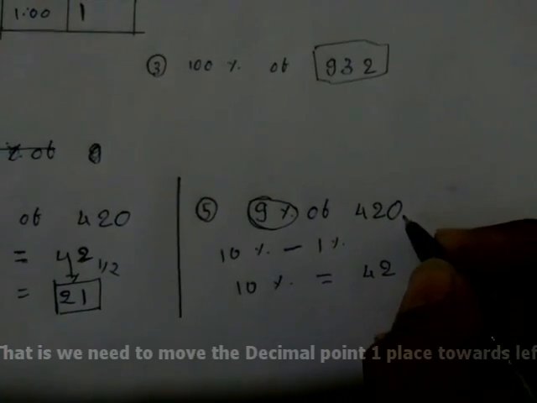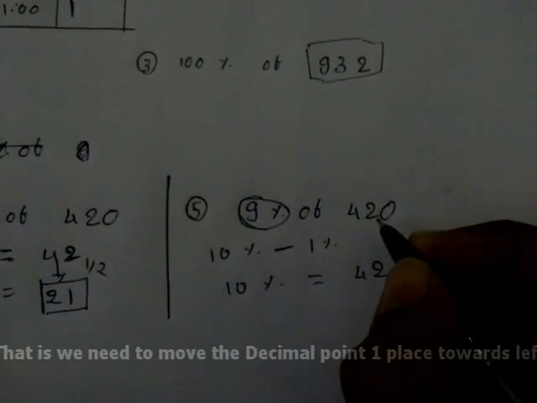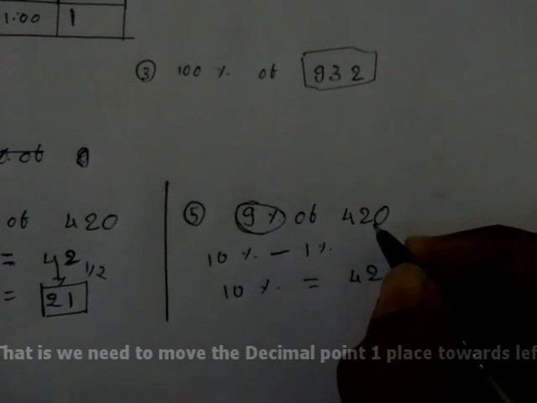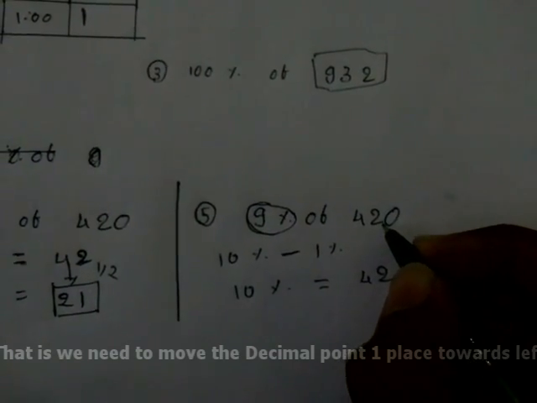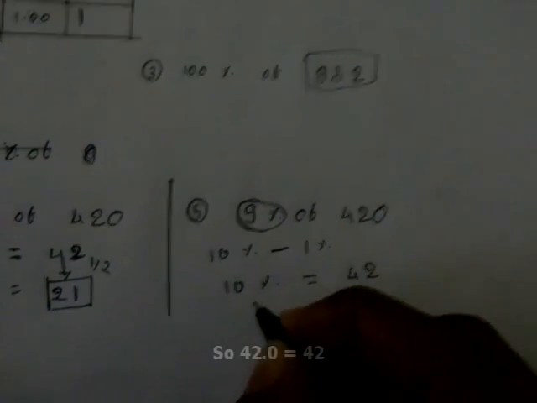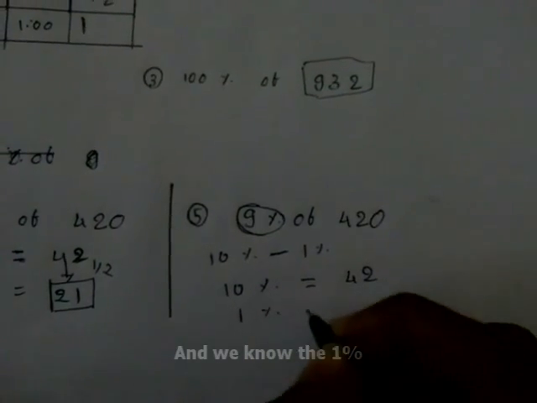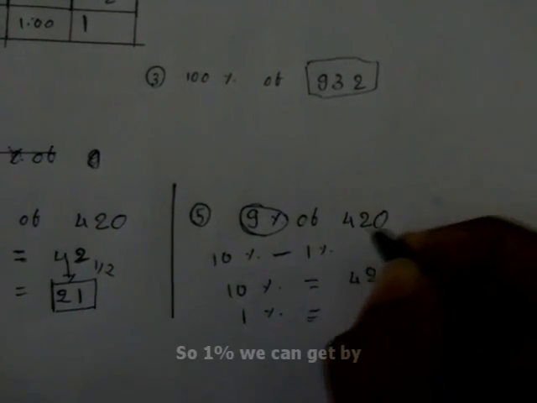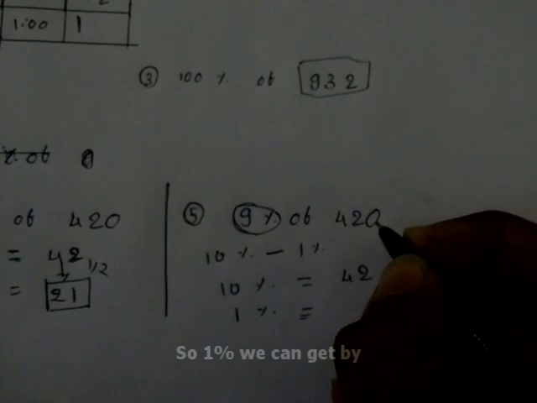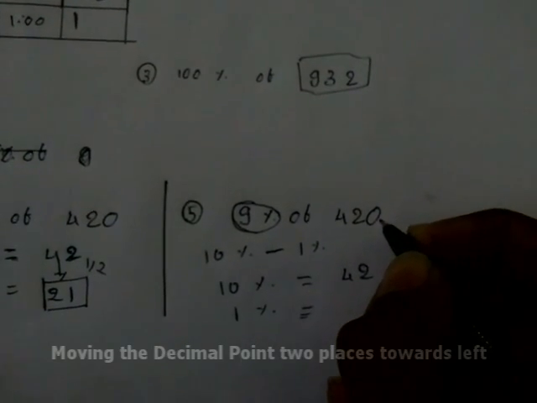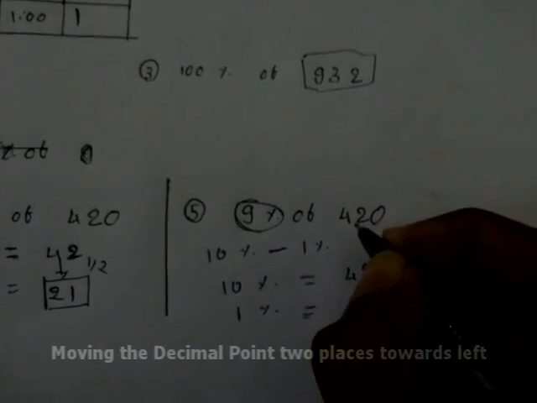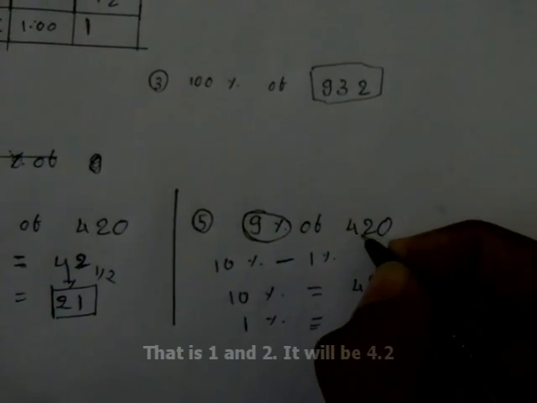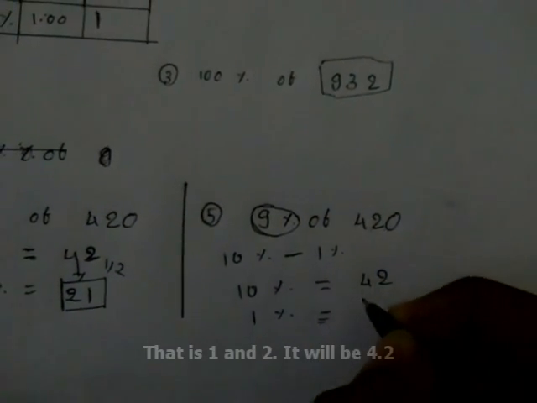That is, we just need to move the decimal point 1 place towards left. So 42.0, it's 42. And we know the 1%. So 1% we get by moving the decimal point 2 places left, that is 1 and 2.